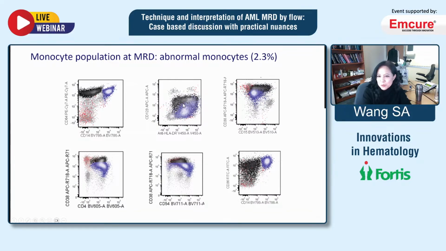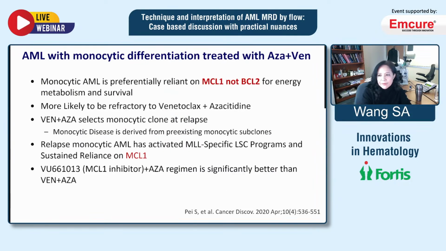Remember, I just told you what indicates immaturity: decreased CD14, increased CD123, increased CD15, and also decreased CD54. In this case CD14 was actually pretty much okay, and they still have CD36, right? This population turned out to be monocytic leukemia, 2.3% of the total events. So this is why you see this phenomenon.